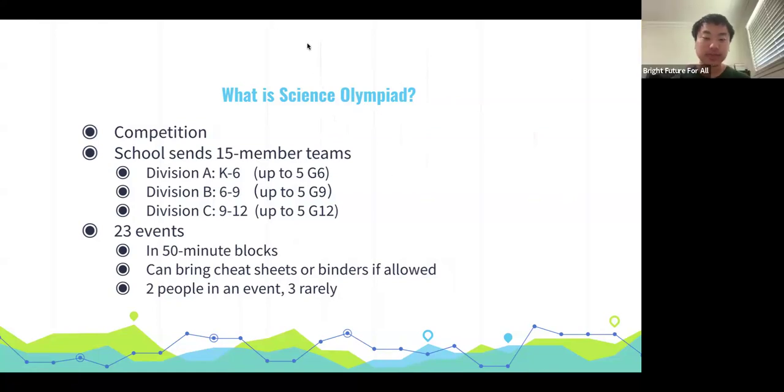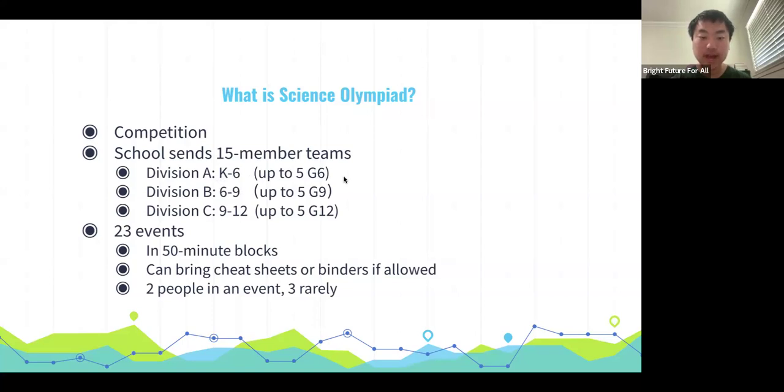So, what is Science Olympiad? Well, it's pretty obvious that it's a science competition, but basically how it works is this. Each school will send a 15-member team, and who can be on that team is decided by which division it is. For Division A, you can have teams of people from grades K to 6 with up to 5 people in 6th grade.